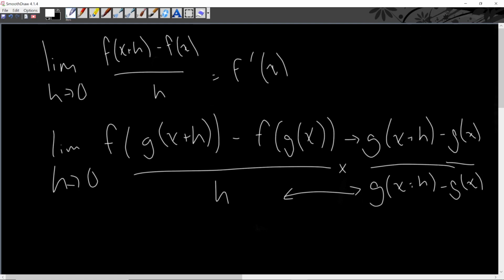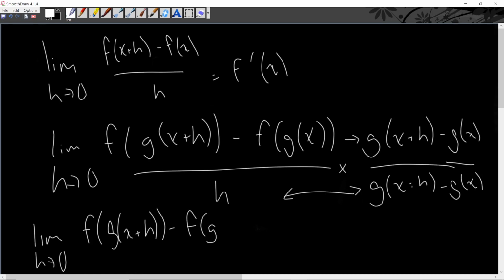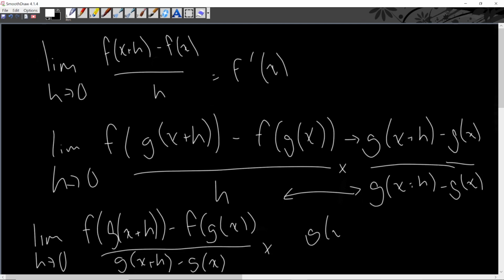So we're going to have the limit as h approaches 0 of f of g of x plus h minus f of g of x all over g of x plus h minus g of x, times the limit, getting a little bit ahead of myself, of g of x plus h minus g of x all over h.